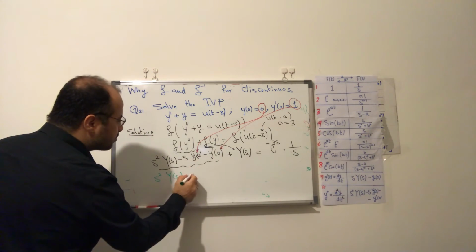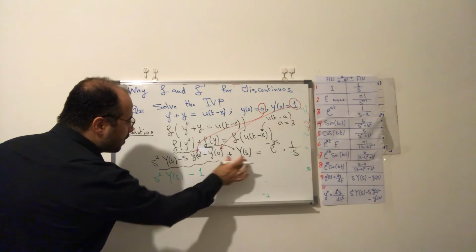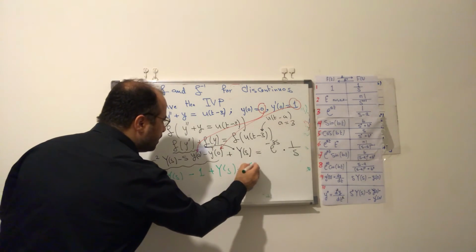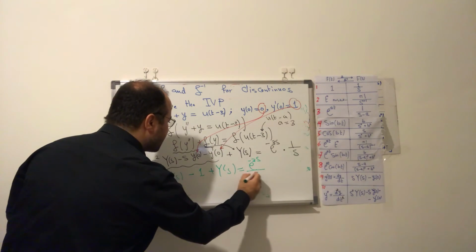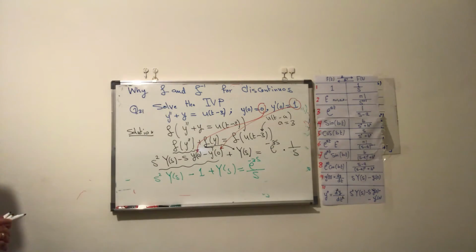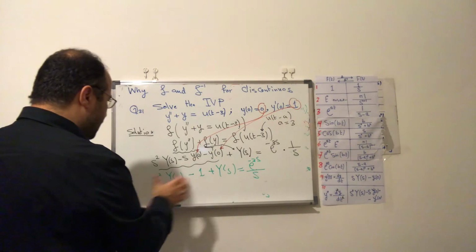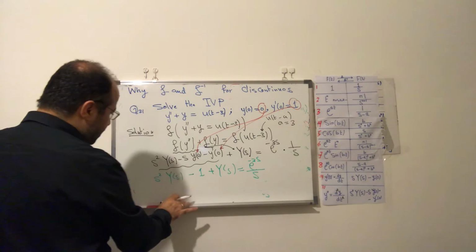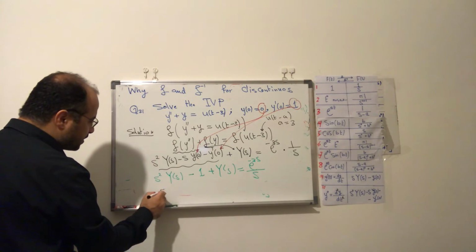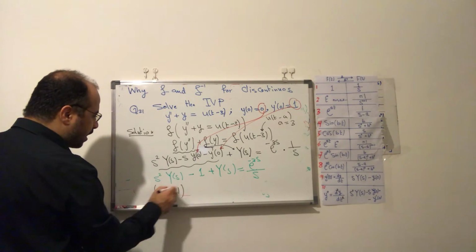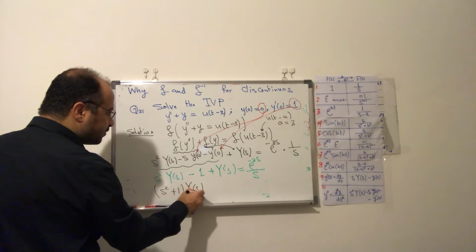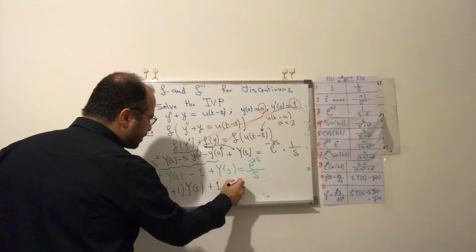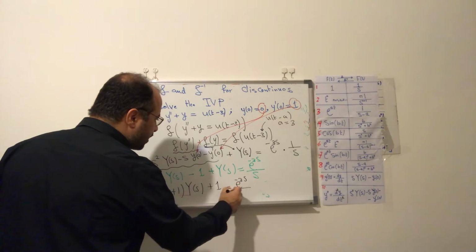And this thing is minus 1 plus y of s equal to e minus 3s divided by s. This is the equation. And if you collect the similar terms, then you have s squared plus 1 times y big of s, and then here plus 1 equal to e minus 3s over s.